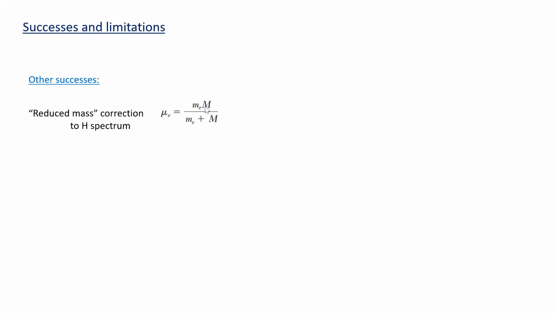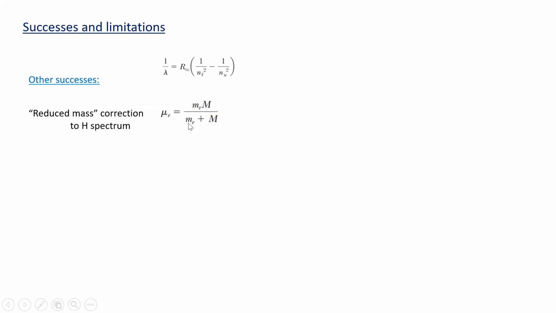And you can see that, for example, as the mass of the nucleus gets really, really large, compared to the mass of the electron, the denominator is practically equal to just big M, the mass of the nucleus. And then these two M's would cancel, and we'd get the mass of the electron. So the reduced mass is very, very close to the mass of the electron, but a little bit different.